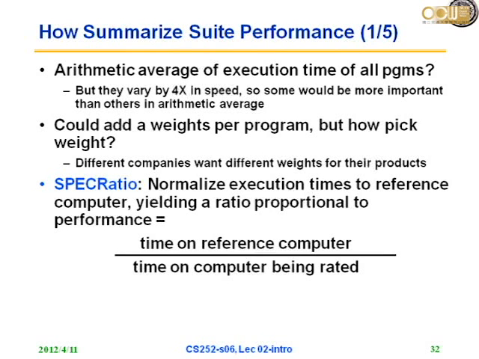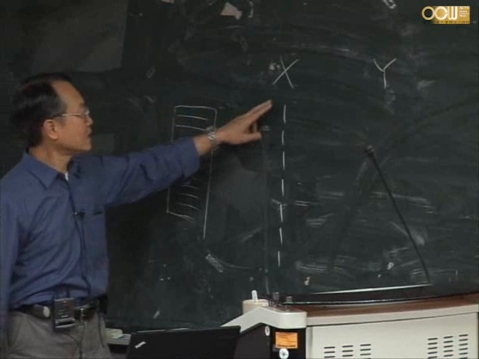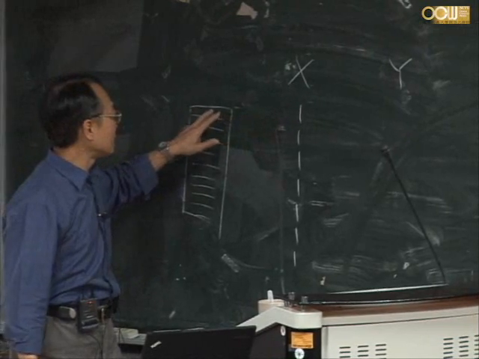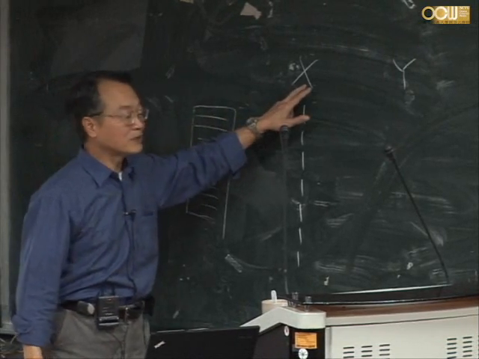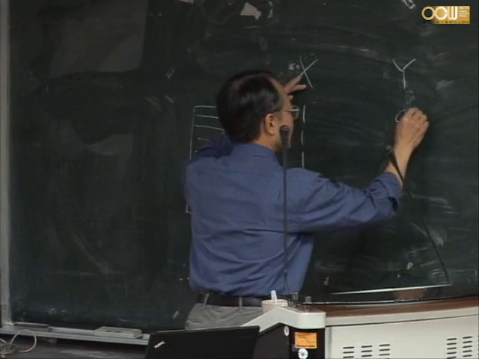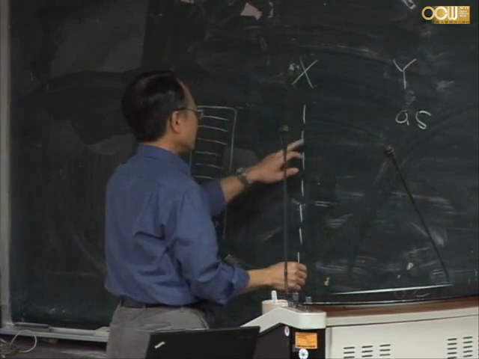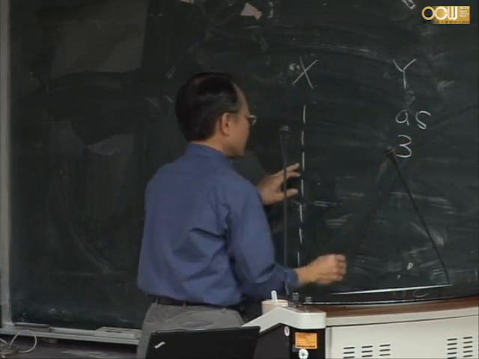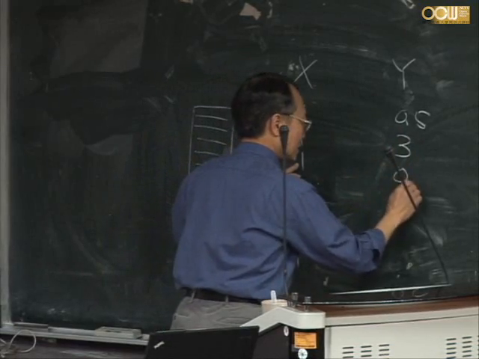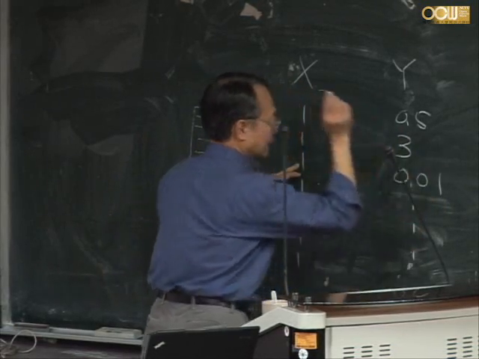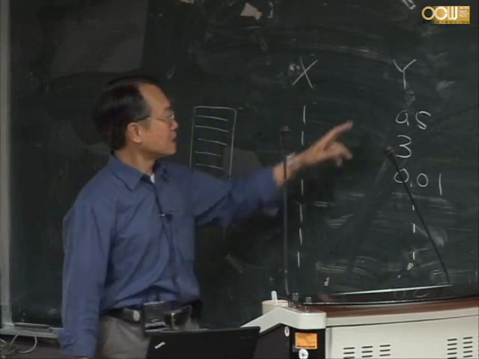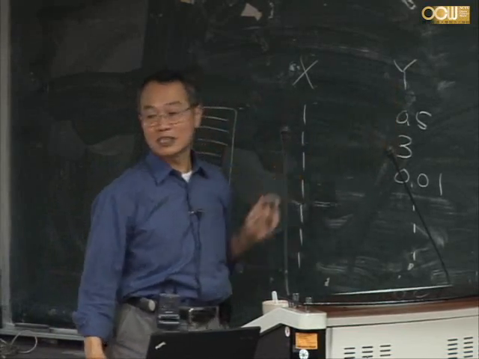On machine Y, SPEC relative to the speed of the first program relative to X is 0.5. Relative to this machine is 3. Relative to this machine is 0.1, etc. You see, sometimes this machine is faster, sometimes this machine is slower.